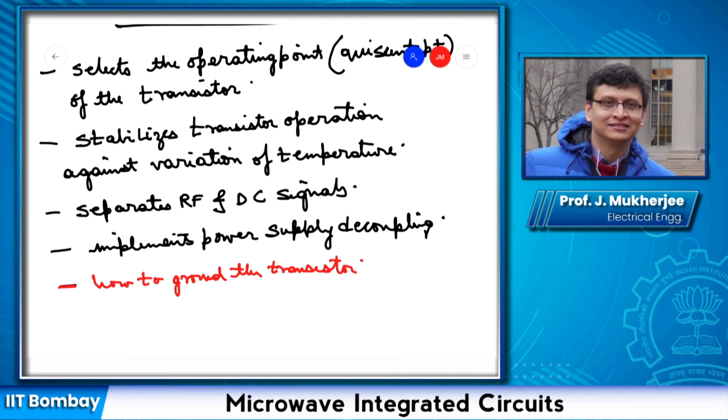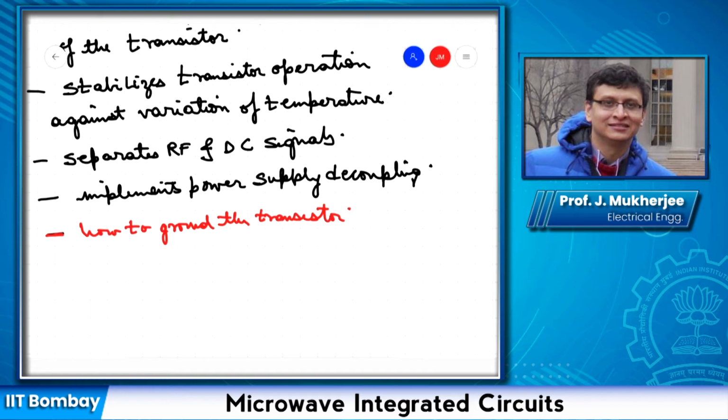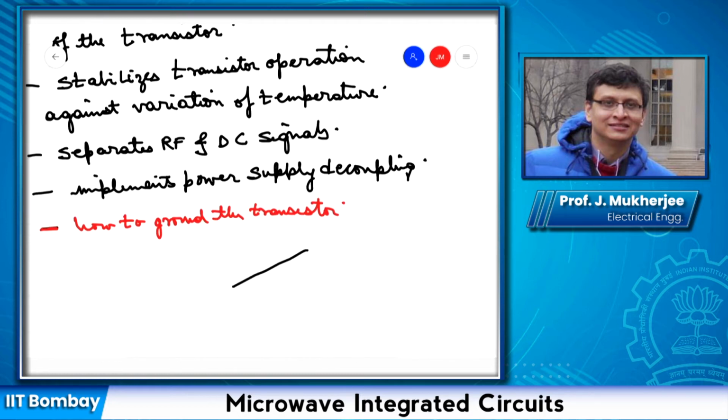Usually the way it is grounded is, suppose you have a PCB, and say you have your input network like this, and the transistor is sitting like this.